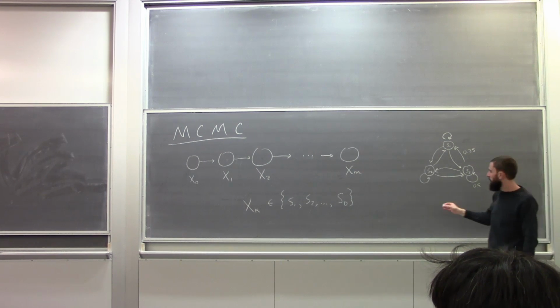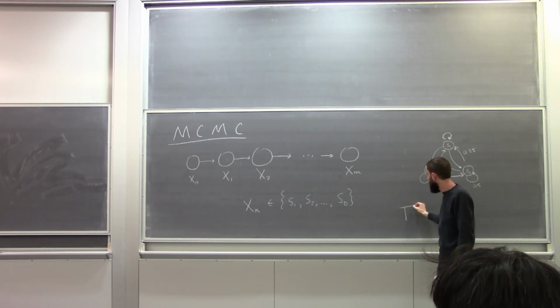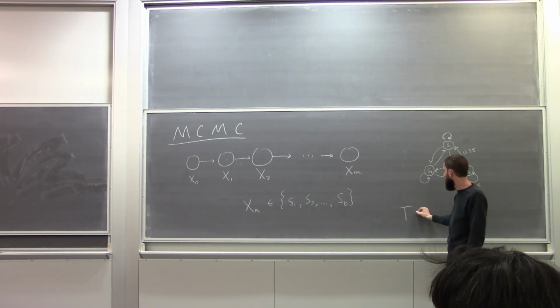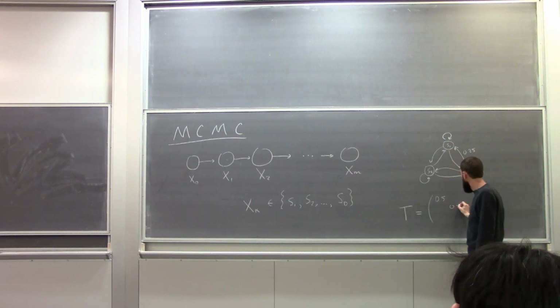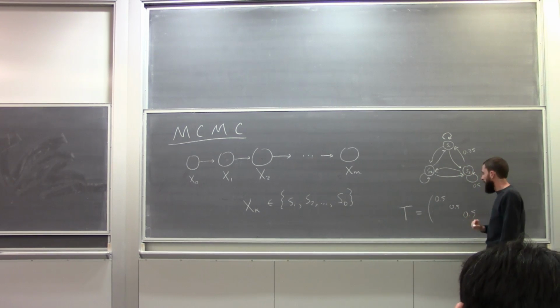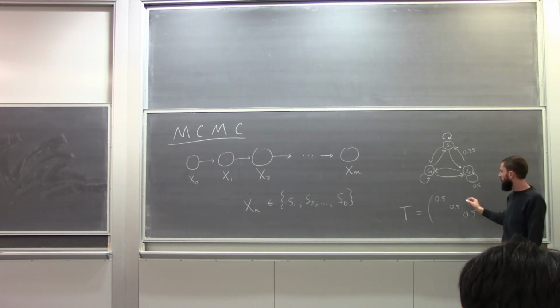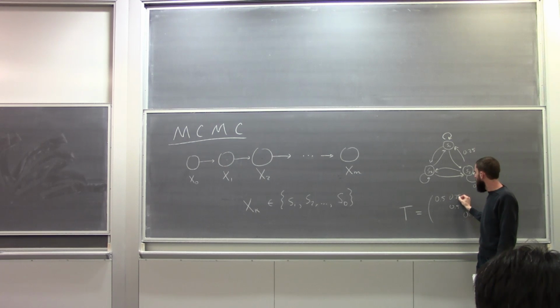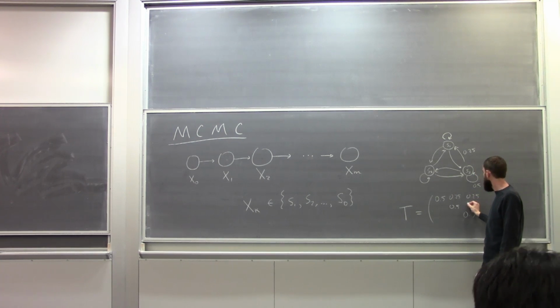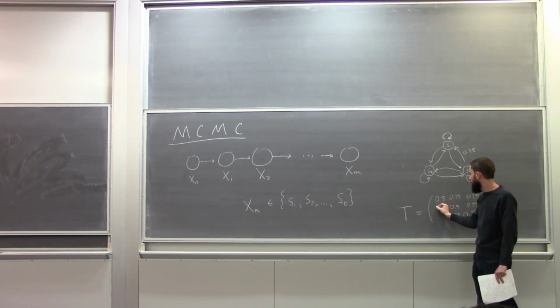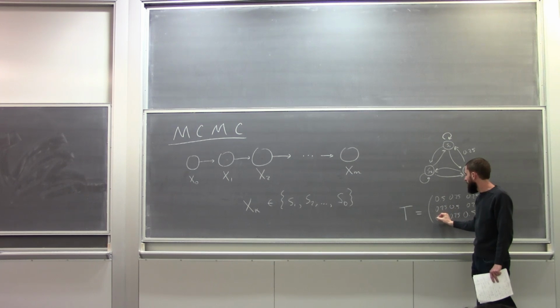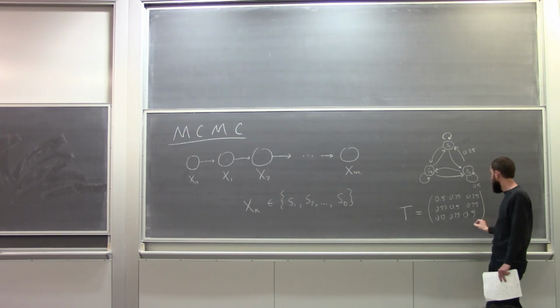Another way we can write this, we said, was as a matrix, the transition matrix T, we'll call it. In this case, just 0.5 on the diagonal, so you have a 50% probability of staying where you are, and then everything else is a 25% probability of transitioning to either of the other 2 states. So this is what this graph looks like in matrix form.